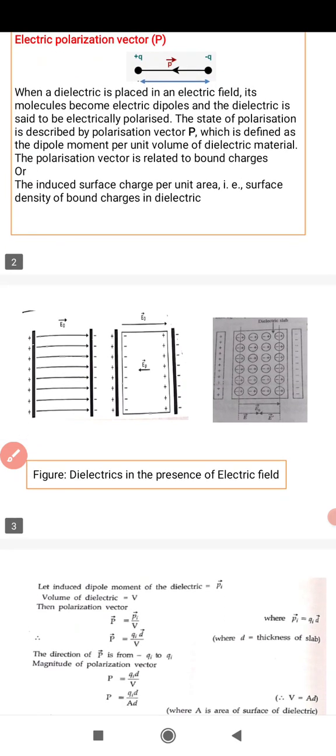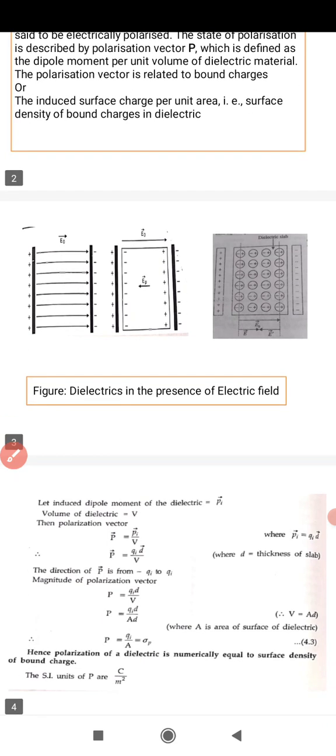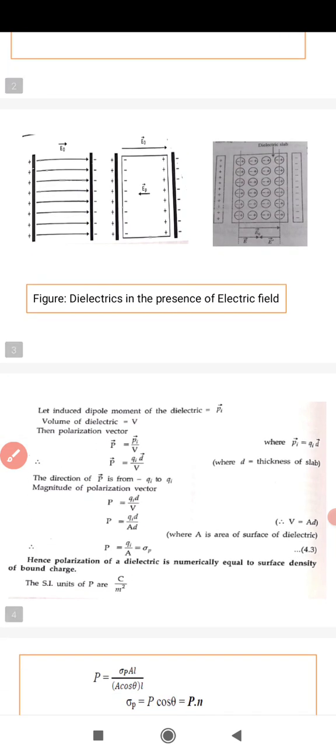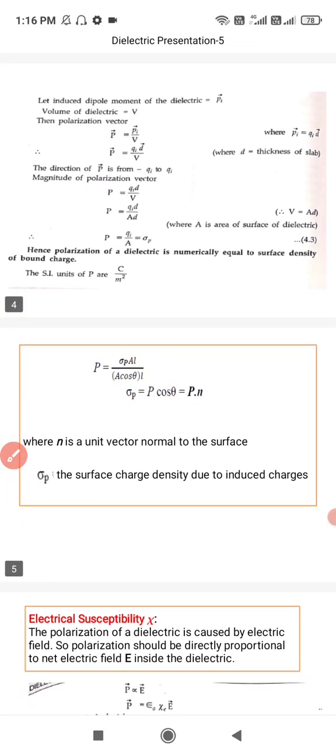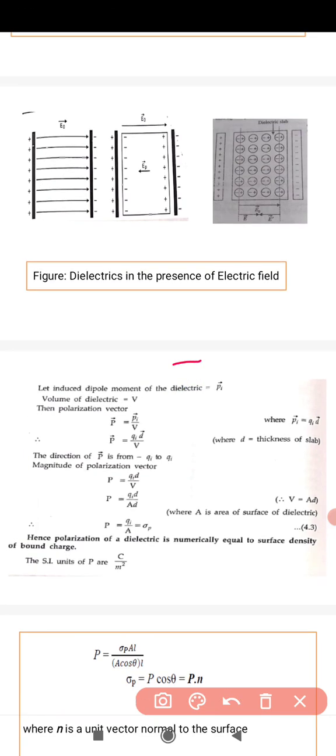This diagram shows what happens to the dielectric in the presence of an electric field between the two parallel plates of the capacitor. Dipole moment is formed and polarization is obtained. Now we see the induced dipole moment of the dielectric, here represented by small p i.